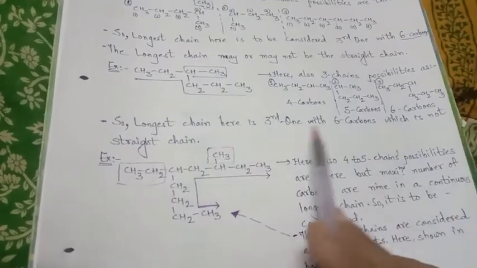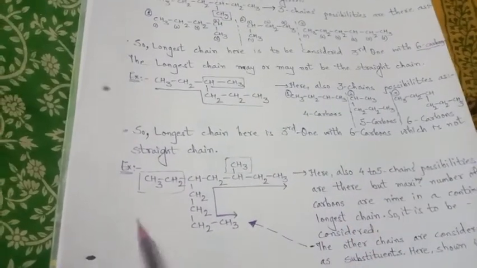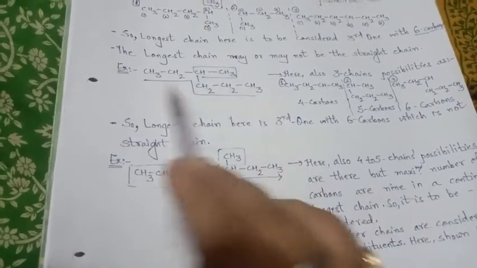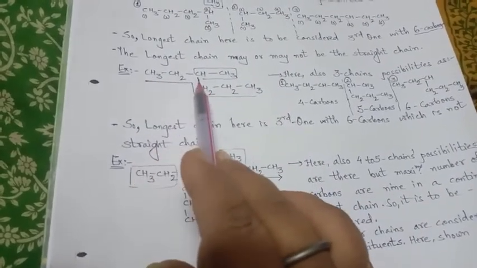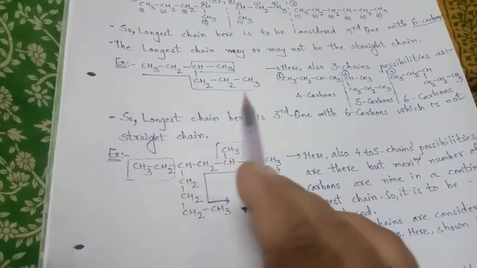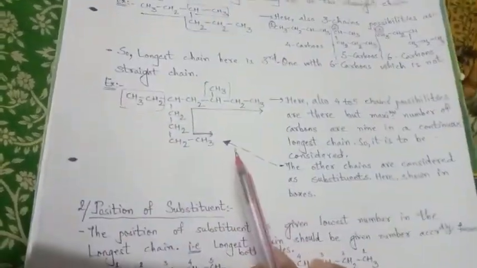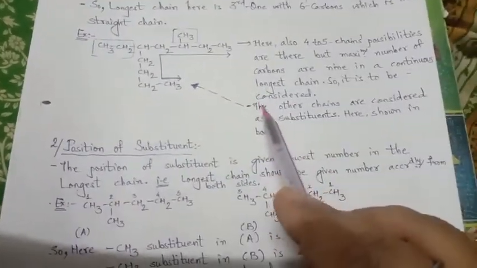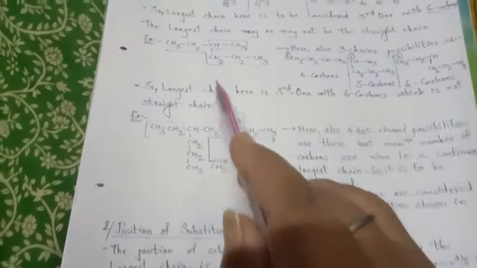So here also we will consider the longest chain, which has 6 carbons, but it is not straight. See here, this is straight, but this is not straight. Here we will have to bend the chain, right? So we will have to consider the longest chain; it may be straight, it may not be straight. Then what happens to the other?